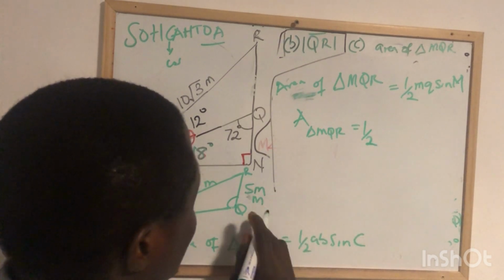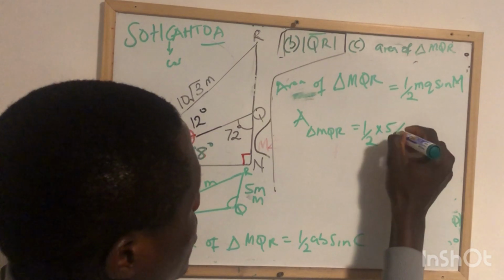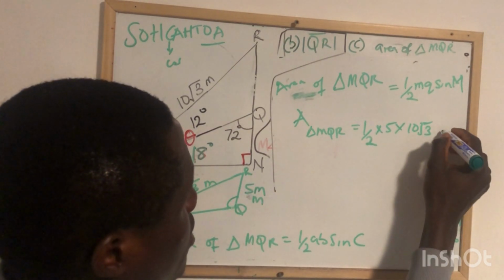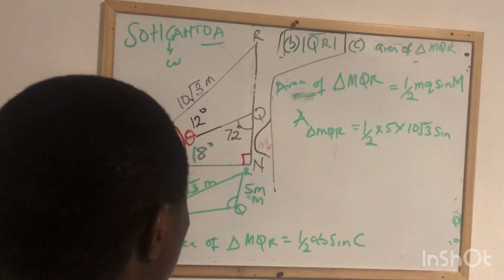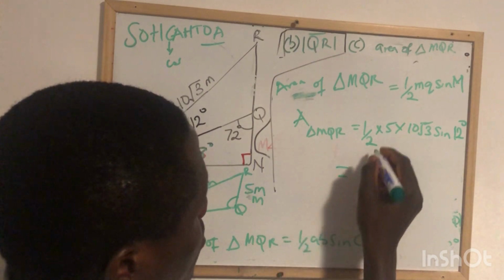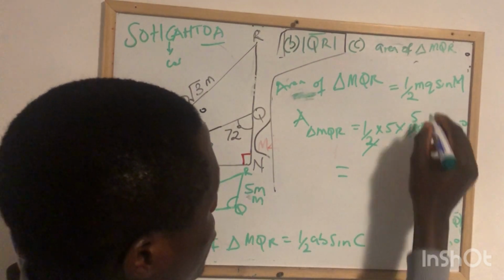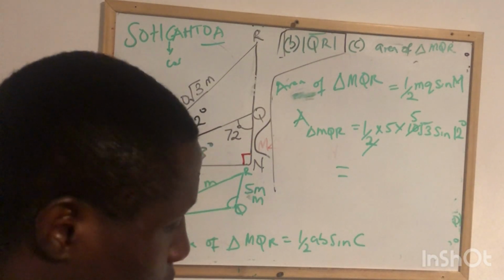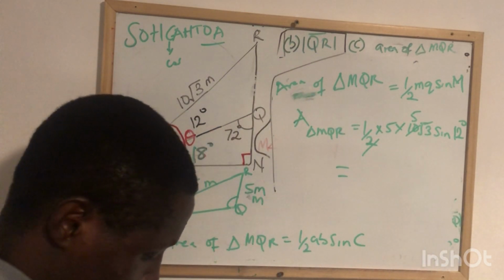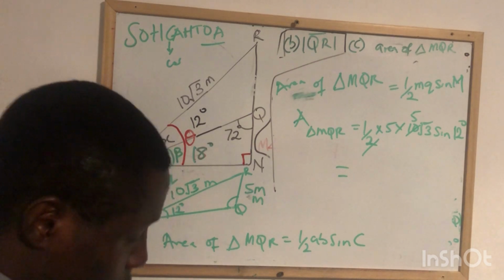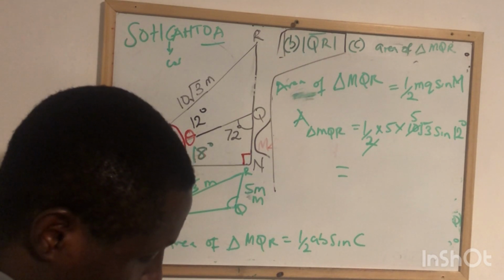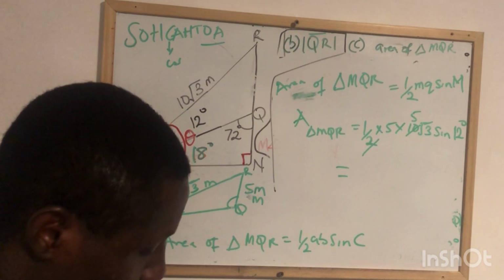What's the m? m is 5 meter. But q is 10 root 3, and then sine your angle 12 degrees. This 10 is going to cancel, that is 5 root 3 times 5 sine 12.